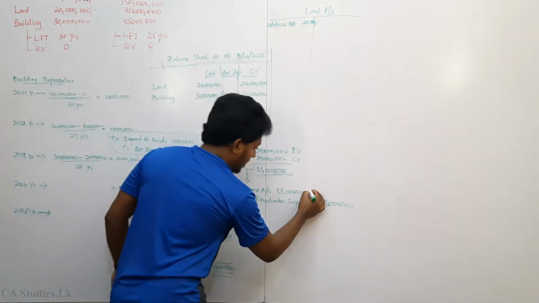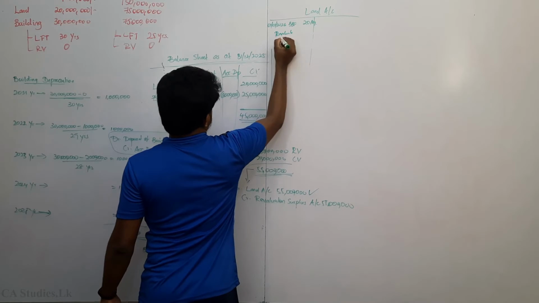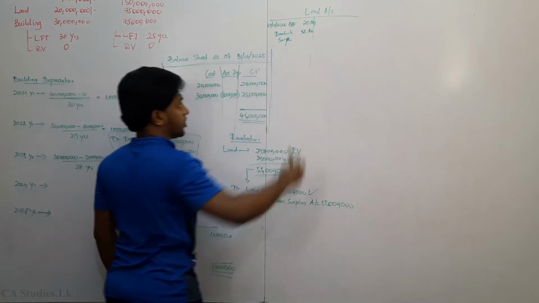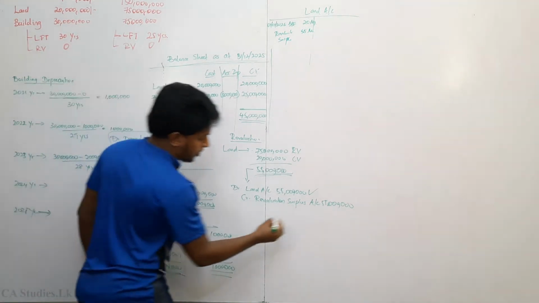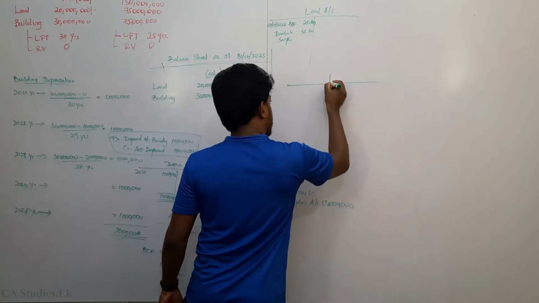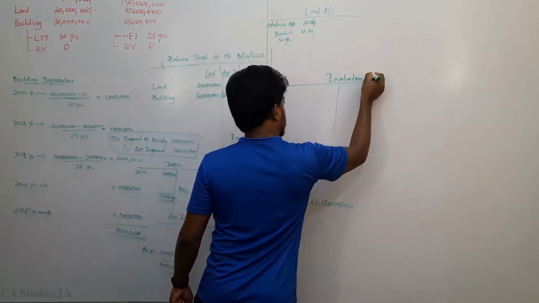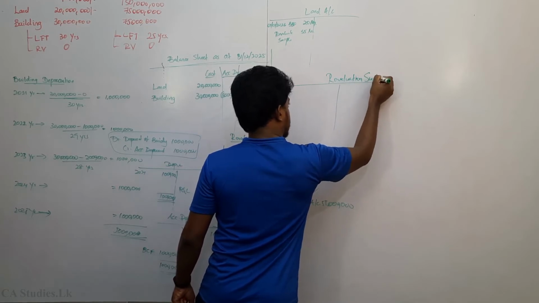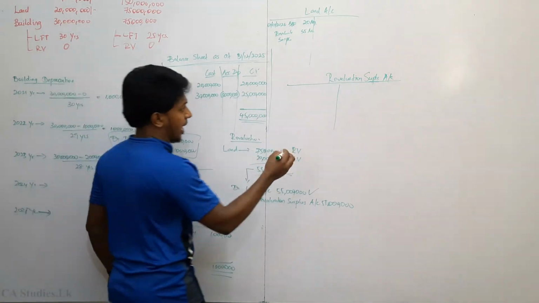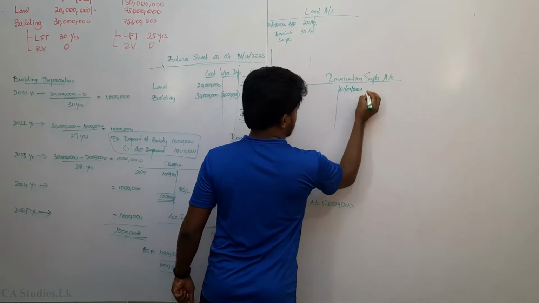So we have to pass the double entry. Revaluation surplus of the land is 55 million. Now we have to open the revaluation account: 55 million, land account, 1st January 2026.